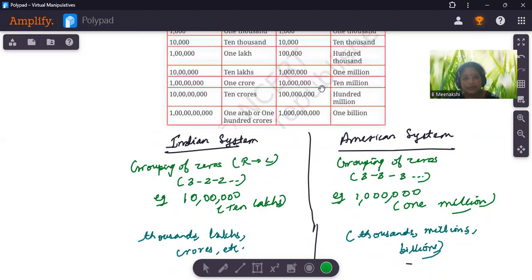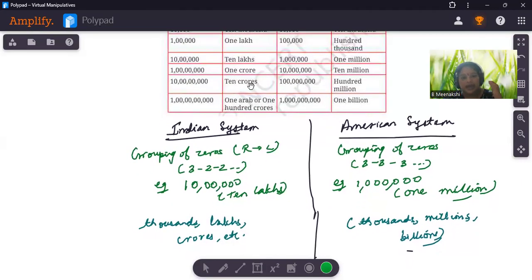In the American system, the same 1 followed by 7 zeros is 10 million. Likewise, in the Indian system it is 10 crores, and 10 crores is called 100 million in the American system, and in the Indian system 100 crores is 1 followed by how many zeros?